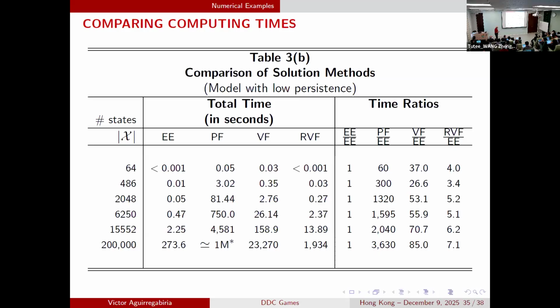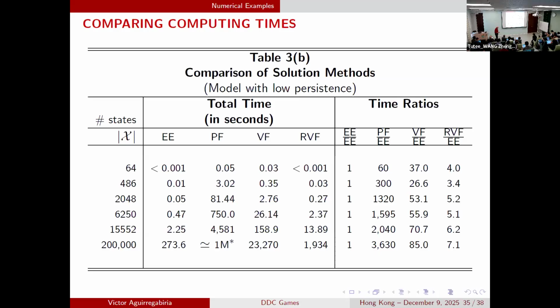Let me focus here on the time ratios. This is the ratio in terms of total time, wall clock time up to convergence. This is normalized relative to the Euler equation algorithm.